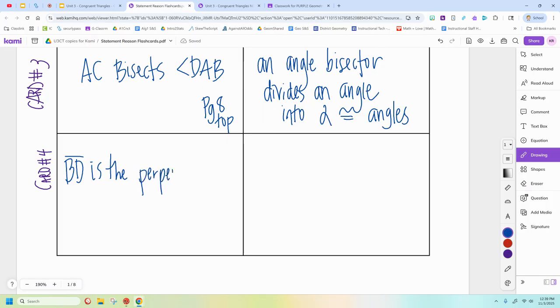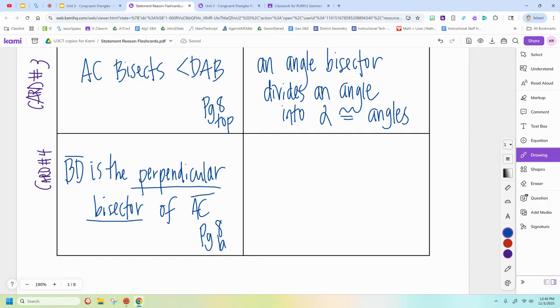Perpendicular bisector of, I think it was AC. This was page 8 bottom, if you want to add that.